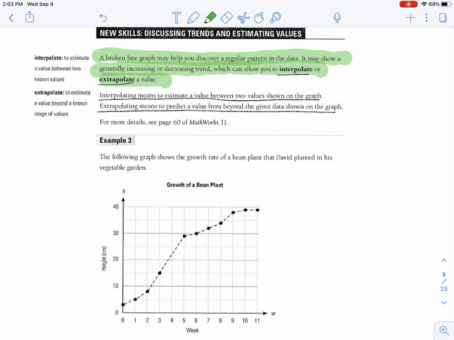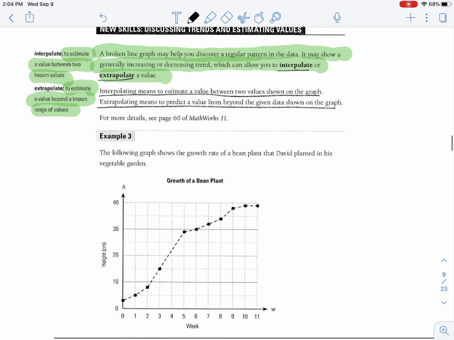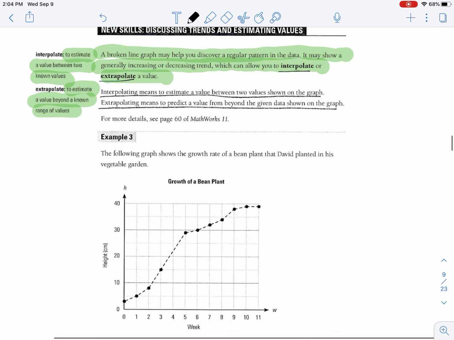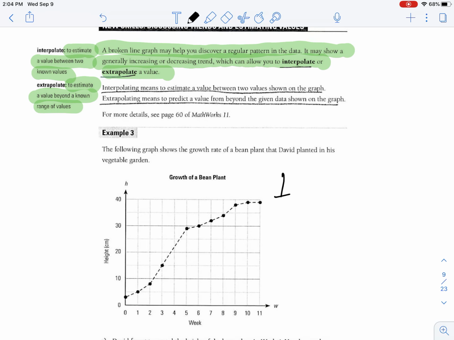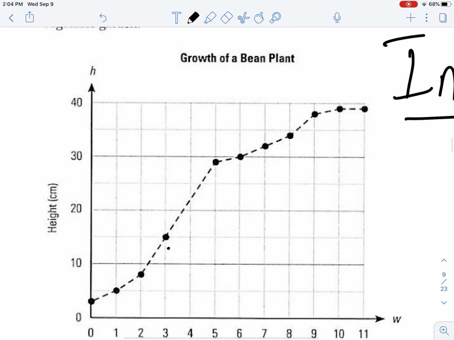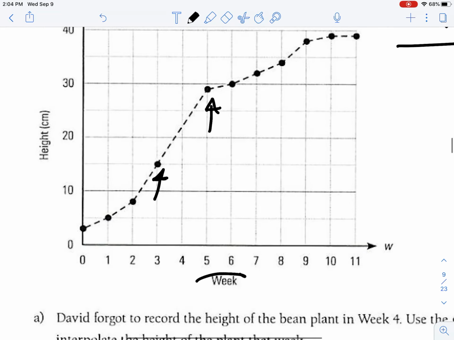So what does that mean? Interpolate is to estimate the value between two known values. Extrapolate is to estimate a value beyond a known range. Okay, so I'm going to put that in easier terms. Interpolate. What does interpolate mean? As you can see here, we didn't take data points for every single week, okay?